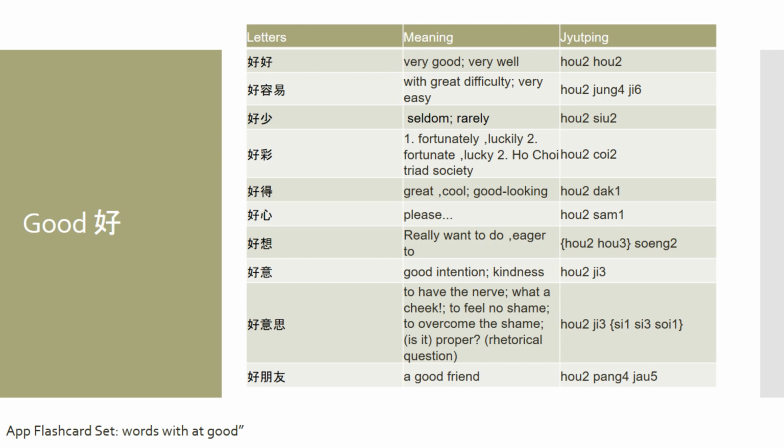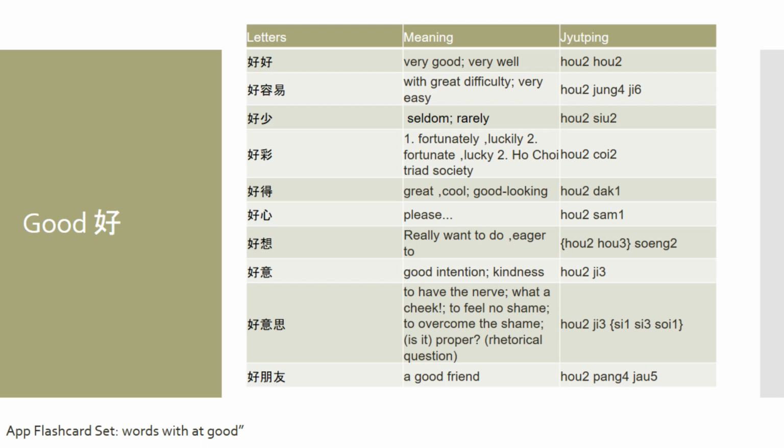Now, if you want to say something that's really great, either sarcastically or non-sarcastically, but a lot of times it's used sarcastically, then you could say 好得, 你好得. Informally or sarcastically, if you want to say please, then you could say 好心.